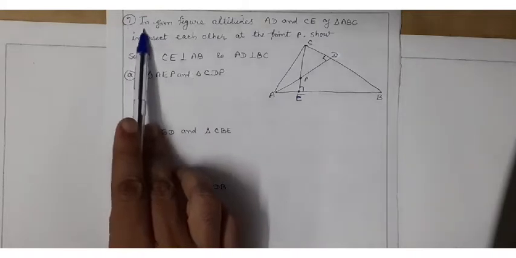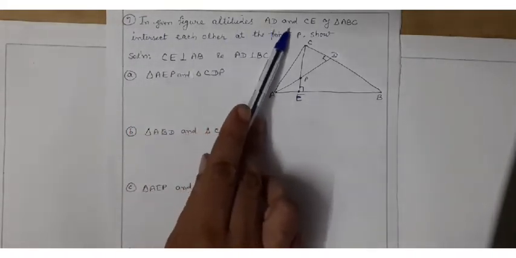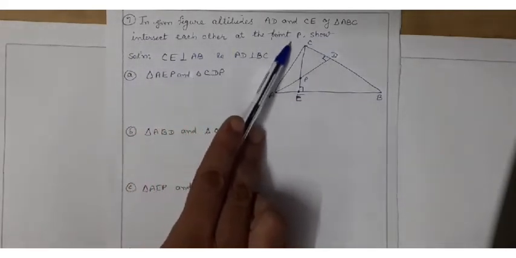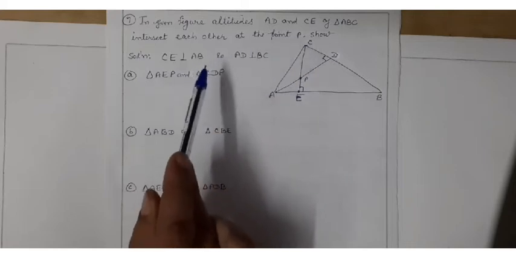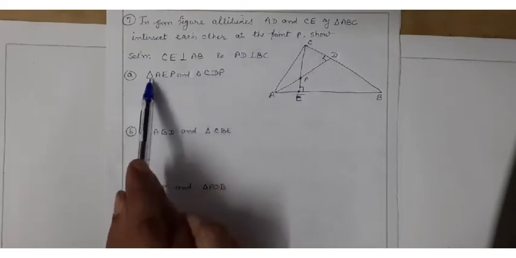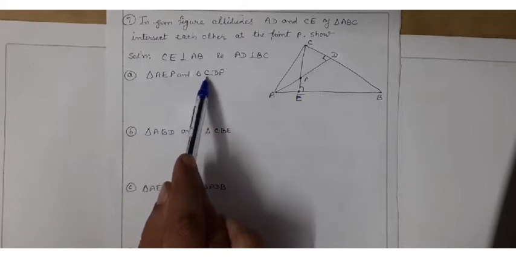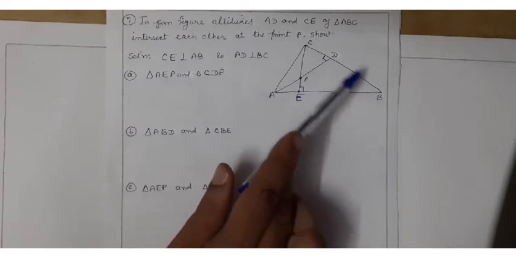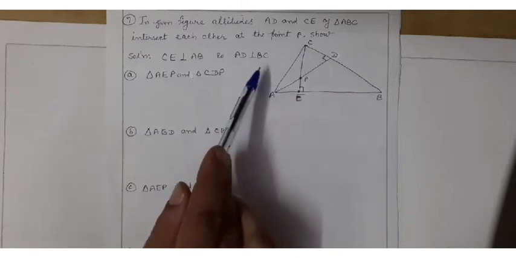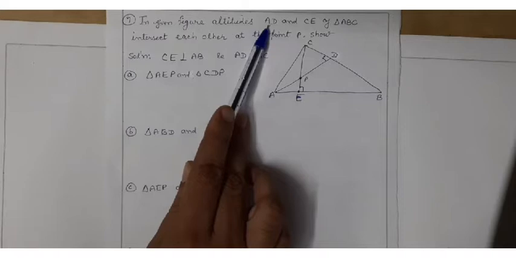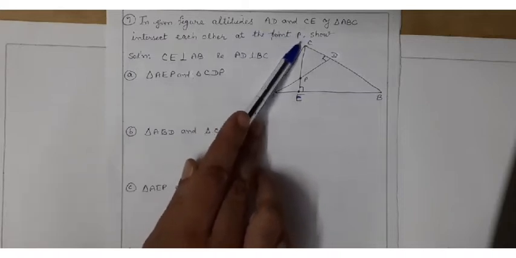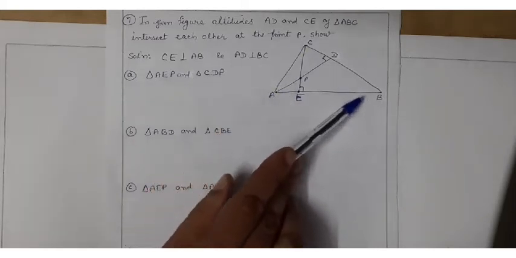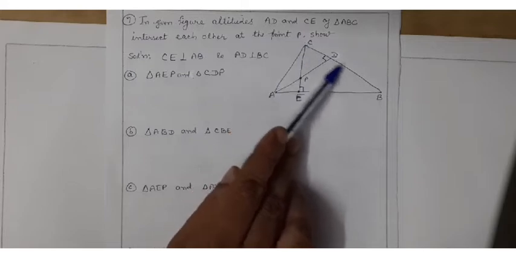Yes, the next question. In given figure, altitudes AD and CE of triangle ABC intersect each other at point P. Then you have to show these four points. One is triangle AEP is similar to triangle CDP. This you have to show. For that, first I see the figure here. What is given? AD and CE, two altitudes are there. See, CE is perpendicular to AB, and here AD is perpendicular to BC.